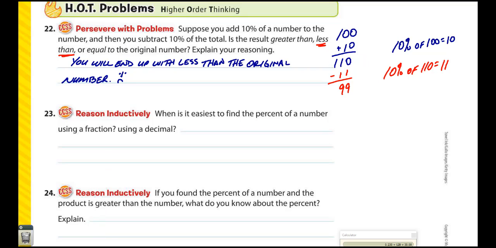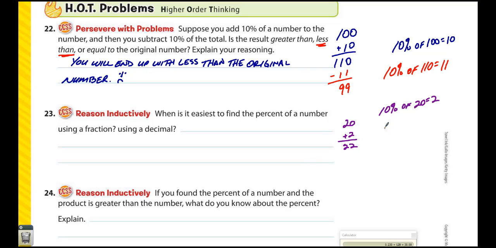And just in case you think, well, maybe that works because it's 100, let's take 20. So there's your original number, 20. Let me get my 20 over the side here a little bit so I've got more room to work. So take that original number, and 10% of 20 is 2, so we're going to add 2.